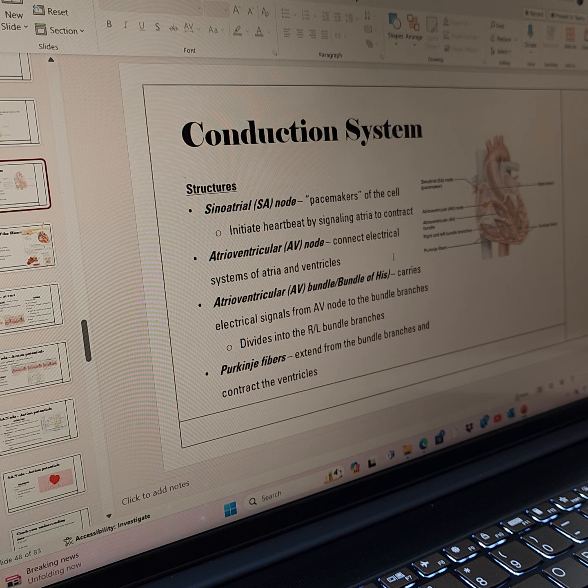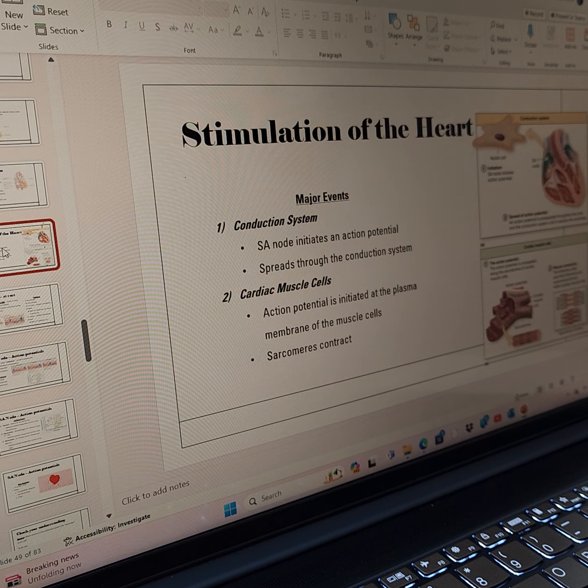The atrioventricular node transitions into the rest of the bundle. The AV bundle carries electrical signals from the AV node to the bundle branches, and it divides into the left and right, and then the Purkinje fibers extend from the bundle branches and contract the actual ventricles, again, the pumping mechanism.